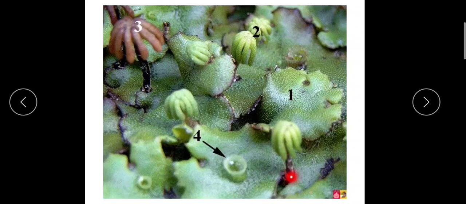The branches which bear the male sex organ, that is the antheridia, are known as antheridiophores, and those branches which bear the female sex organ, that is the archegonia, are called archegoniophores. These are the stalks containing these structures.